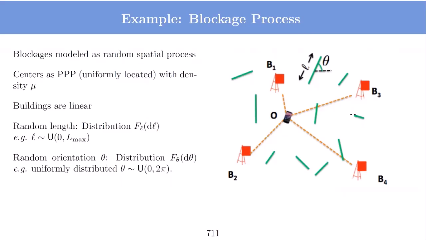And we know that it's a Poisson, the number of blockages falling on this set is a Poisson random variable. So if I compute the mean number of blockages falling on this link, then from that I can compute the probability that none of the blockages fall on this link. So how do I compute the mean number of blockages falling on this?